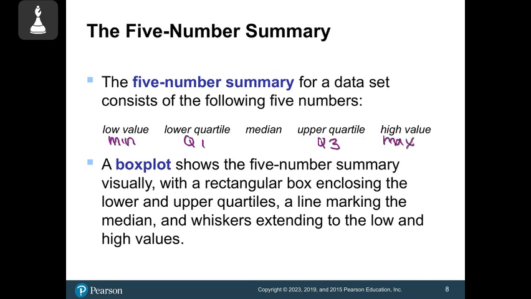And then we have a graph that visually depicts this number summary. It will graph all 5 numbers with a box and what are called whiskers. The box will be between the lower and upper quartile, and then you'll have whiskers going to the minimum and the maximum value.